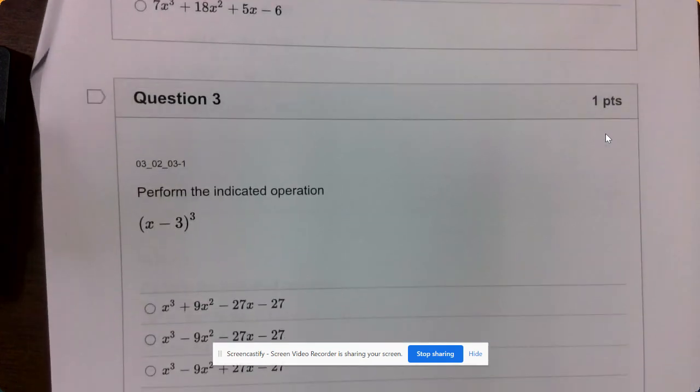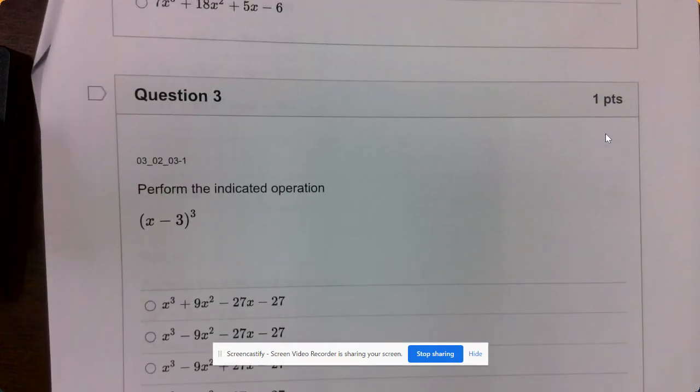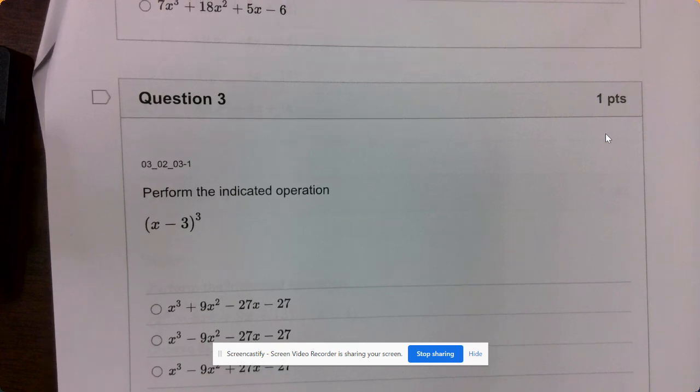Okay, this one, it says perform the indicated operation. So I would definitely be getting out and looking at my notes and going, okay, which one matches for this? It's cubed, everybody, so it's either going to be sum of the cubes or difference of the cubes. So everybody remember, you can use your notes on this.